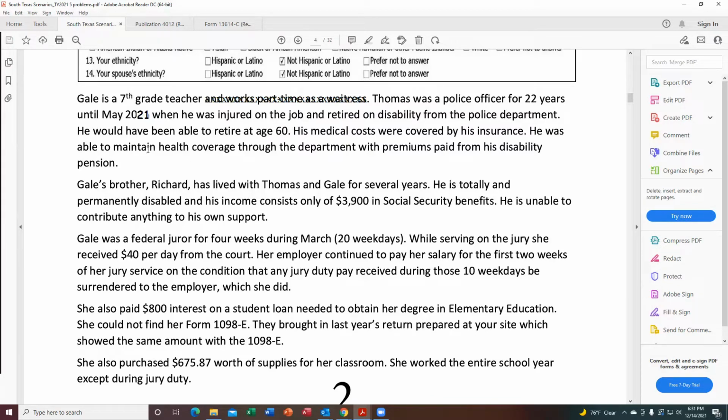He was able to maintain health coverage through the department with premiums paid from his disability pension. Gail has a brother, Richard, that lived with him for several years. He's totally and permanently disabled. He had an income of $3,900 from Social Security benefits, and he's unable to contribute to his own support.